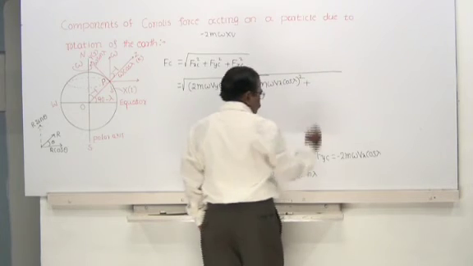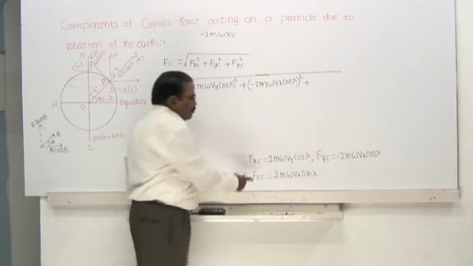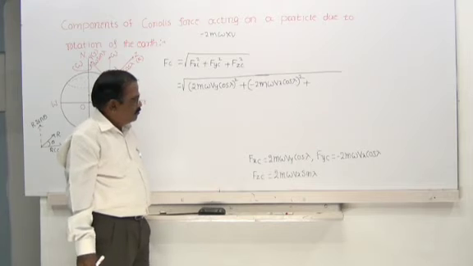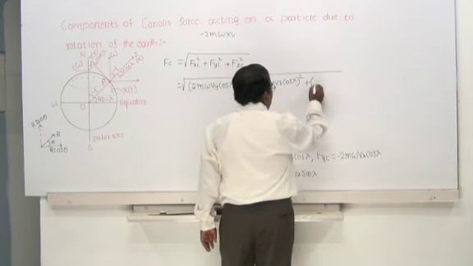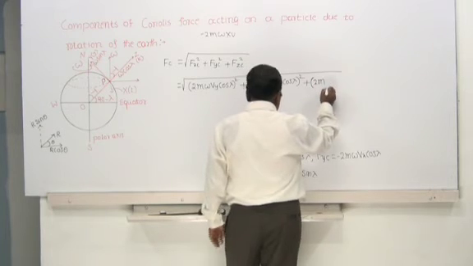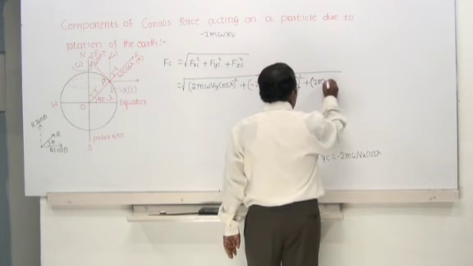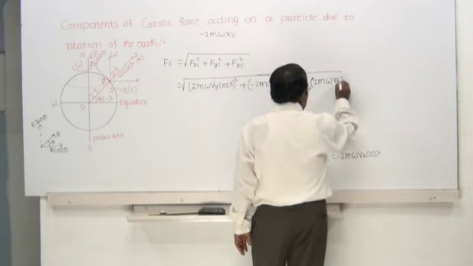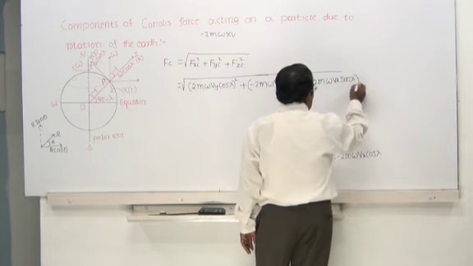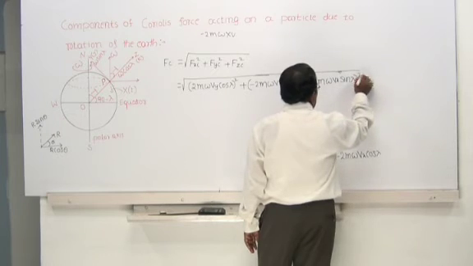Then plus what? Square of this third term. It is 2m omega Vx sin lambda, its square.